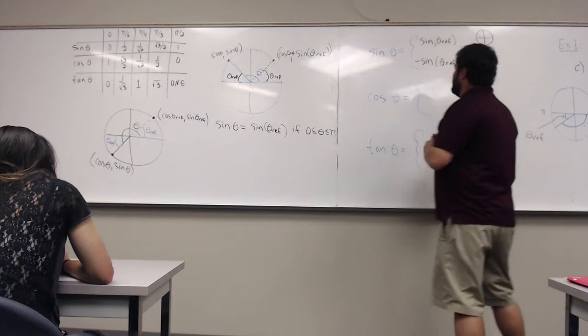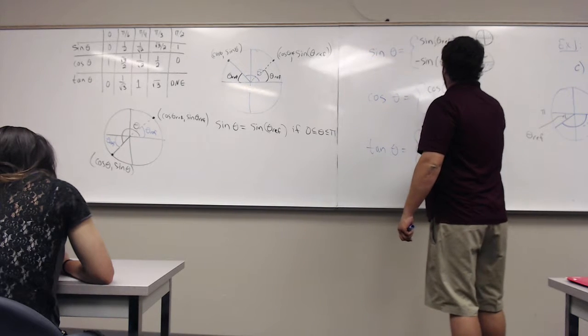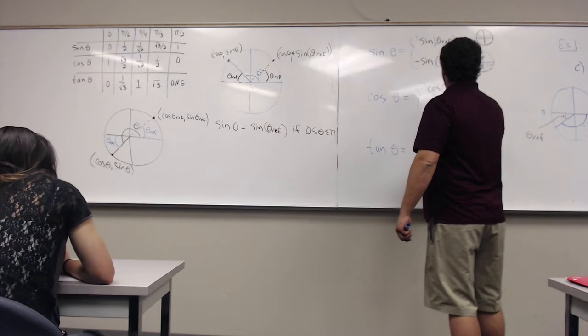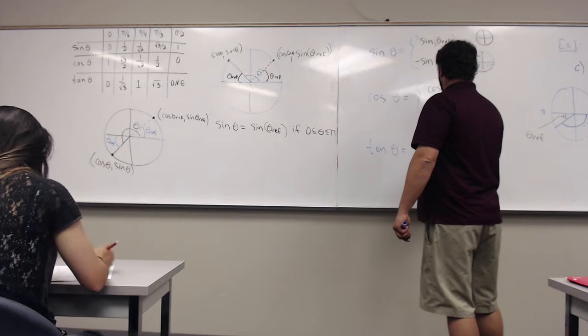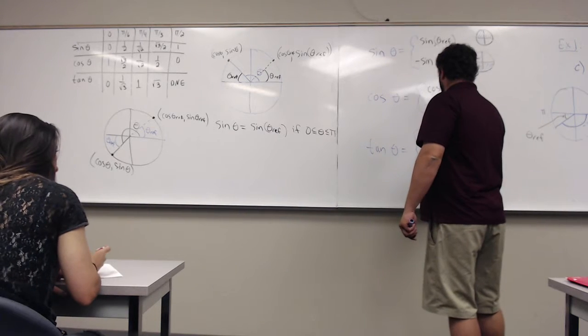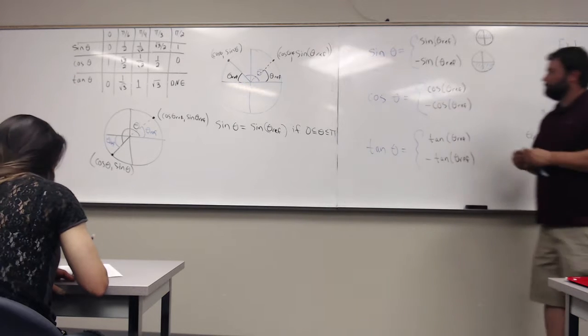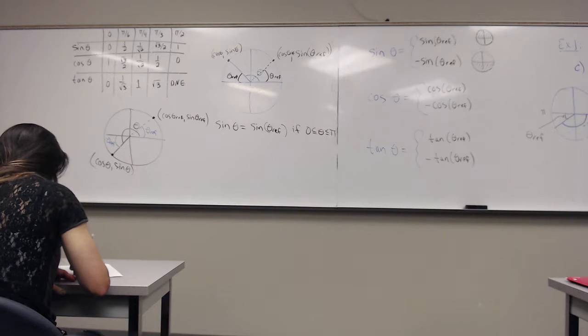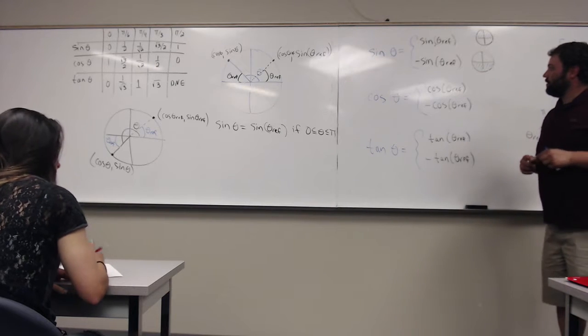Now, cosine and tangent are going to be the same. I just have to tell you which quadrants they're in. So, anybody have a guess?